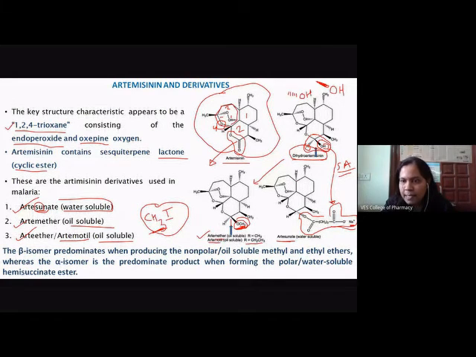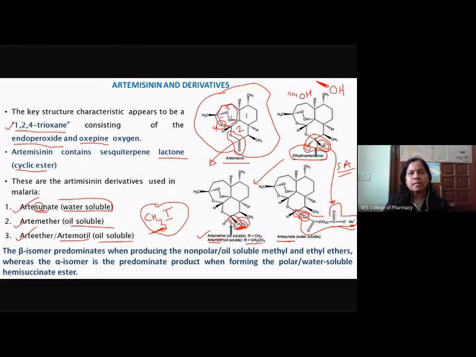So you can very well see here artesunate is the alpha form, while artemether and arteether are the beta form. I suppose you know alpha means it is going inside and beta means it is coming outside. So it is basically the configuration around this carbon to which the hydroxy group is attached. Is this clear to everyone?